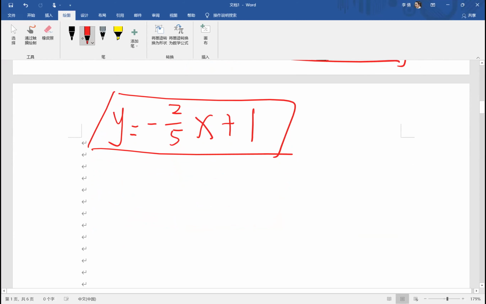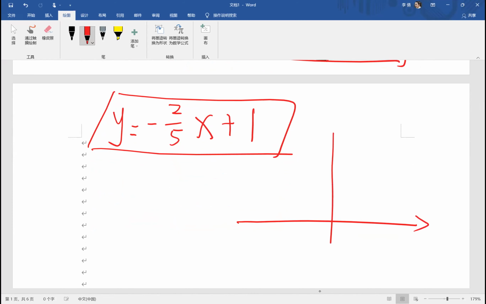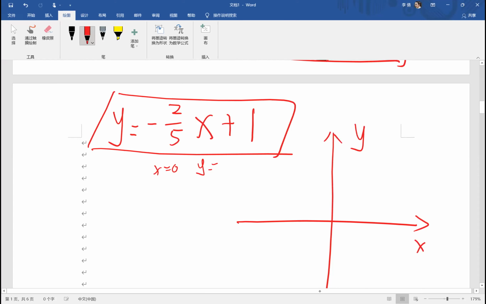Let's see what happens if we draw the picture of this line in the Cartesian coordinate system. This is the x axis and this is the y axis. When x is 0, we can get y is 1, right? If x is equal to 0, y will be equal to 1, right?